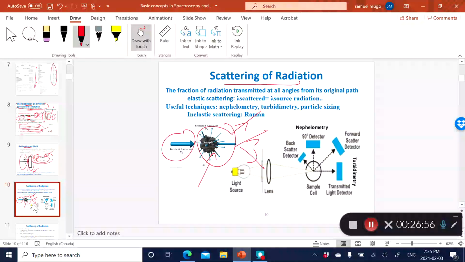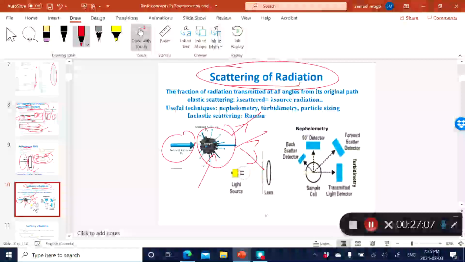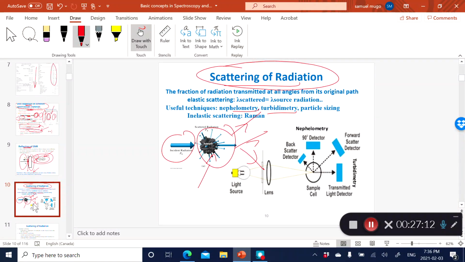And so based on that, you can have up to 3 different spectroscopic techniques that are based on this behavior, called scattering. I think most of us know of nephelometry and turbidimetry, which are 2 techniques that are used to determine dissolved solids, say in water.